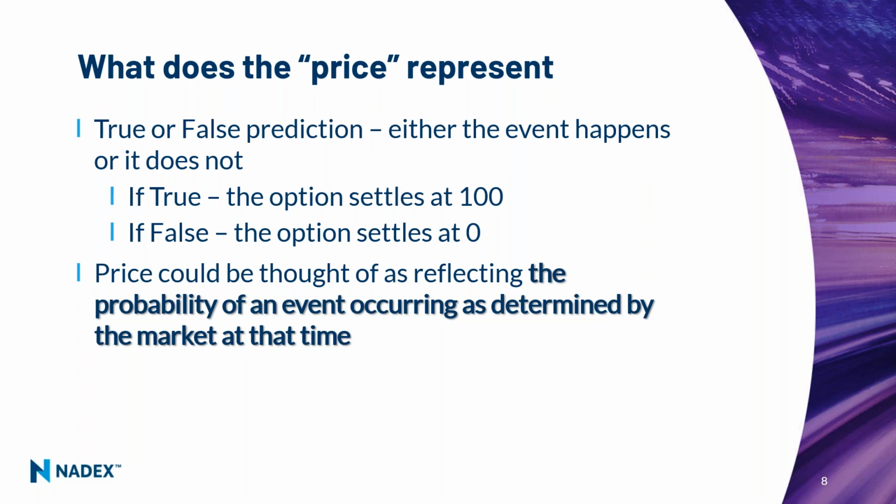So the first thing I'm going to talk about, and this is what I think people are surprised when they hear this, but you can think of the price as roughly reflecting the probability of the event being true as determined by the market at that particular moment in time.